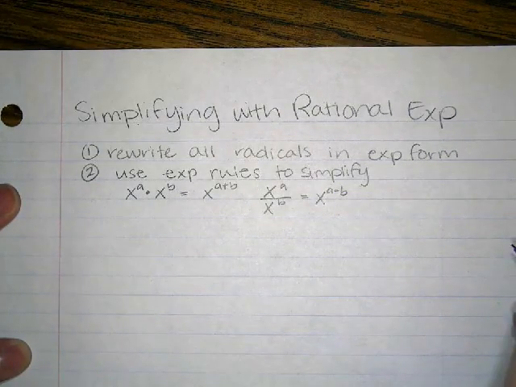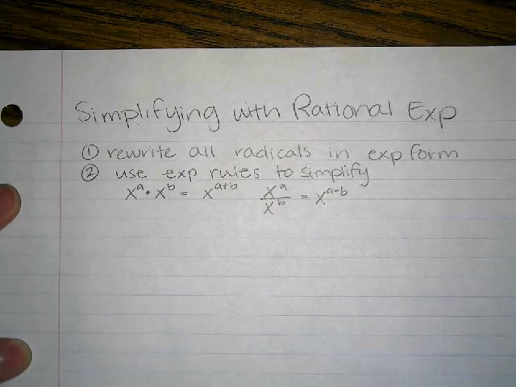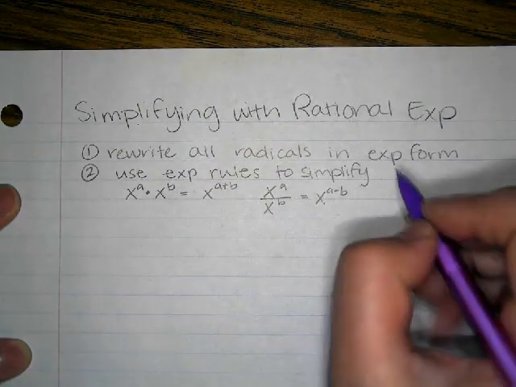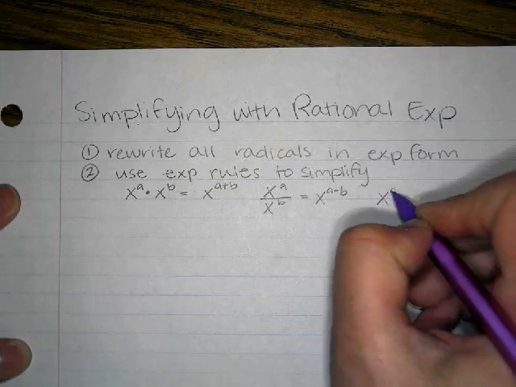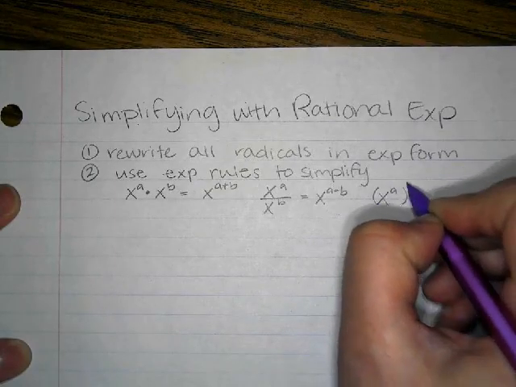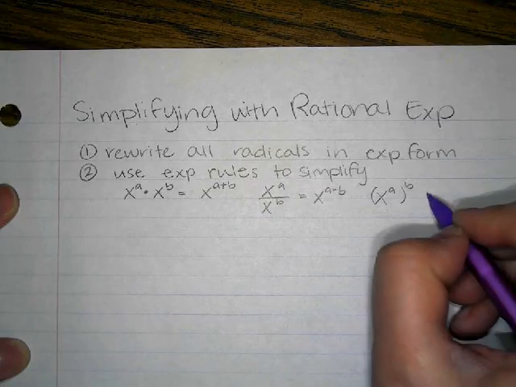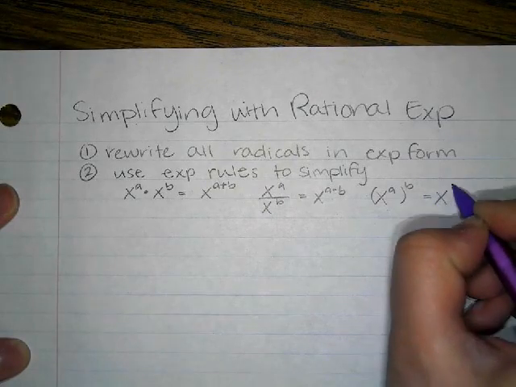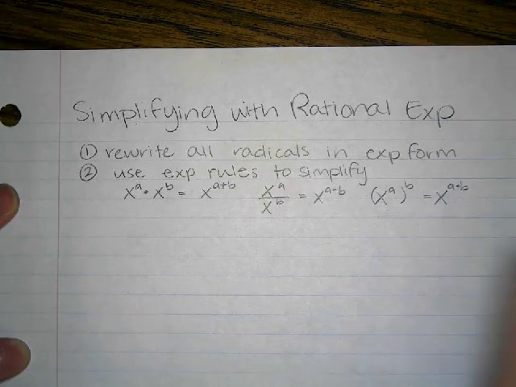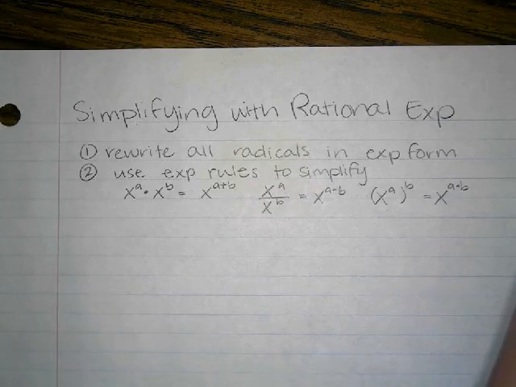You subtract your exponents. And if you have x to the a raised to the b, this is x to the a times b. So those are the 3 exponential rules that we're going to use.